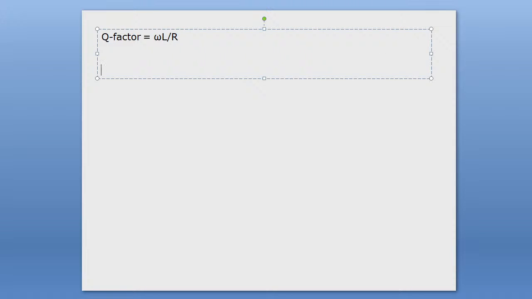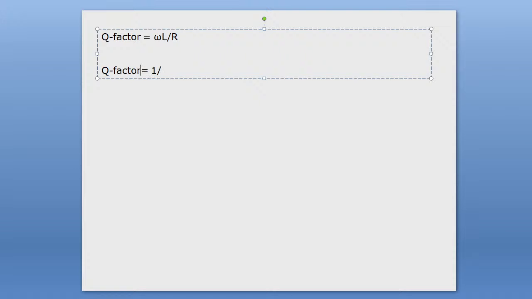Okay, you can define it. We can define quality factor, or Q factor, in different ways. One of them is Q factor equal to omega L by R, omega L for inductance. And Q factor we can write also as 1 by omega CR.